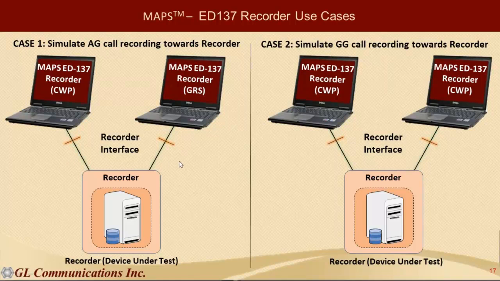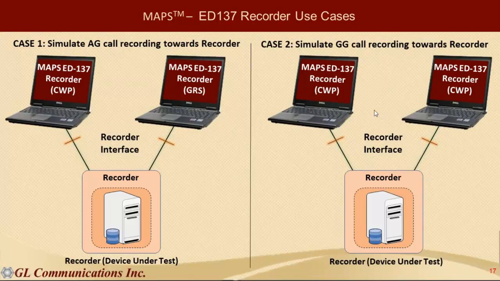As I told, we can create multiple controllers and multiple ground radio stations, and between these we may have hundreds of air-to-ground calls. All those calls need to be recorded by creating sessions to the recorder. Either they can perform the functionality test by doing one single session, or they can generate bulk sessions to perform the load testing.